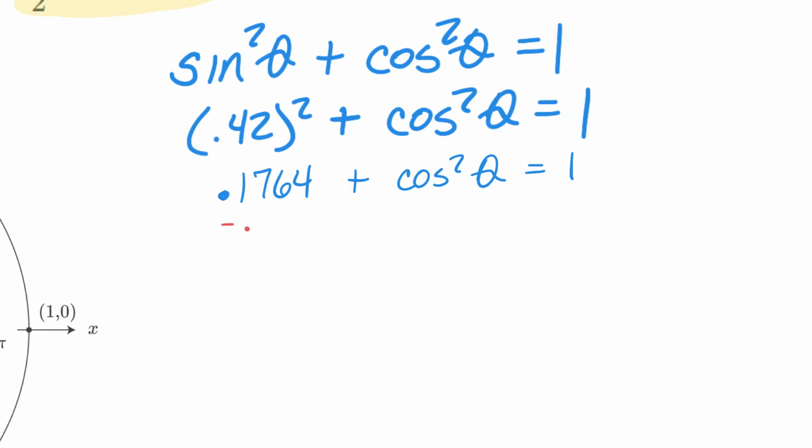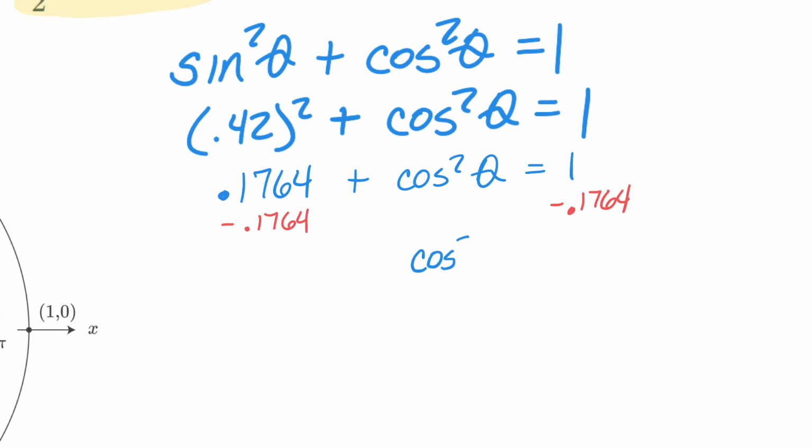So we need to get cosine by itself. So we subtract 0.1764. And really, once I do this, I have to start using approximation signs, because the number is actually an irrational number. So we are now approximating our values.